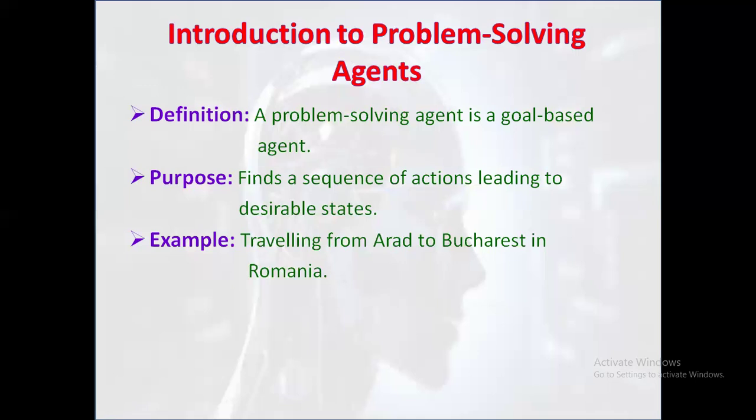The agent must explore possible cities and routes, evaluate the costs of each action, and determine the most efficient path to reach Bucharest. So, what is the initial state in this problem? Arad is the initial state, and Bucharest is the goal state. Hope everyone understood this problem.